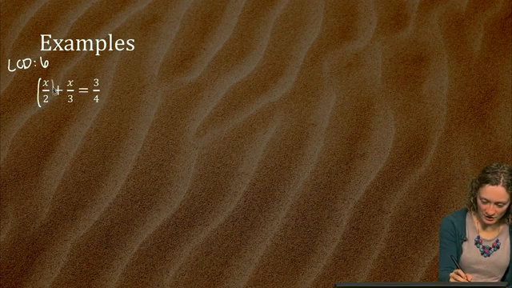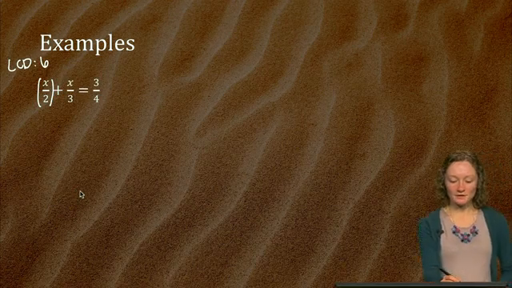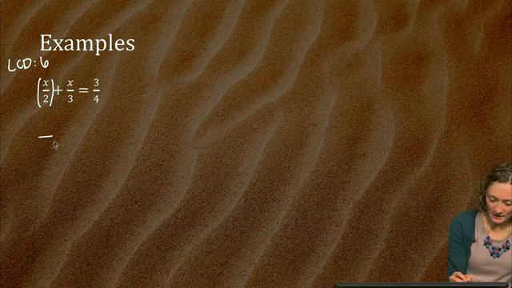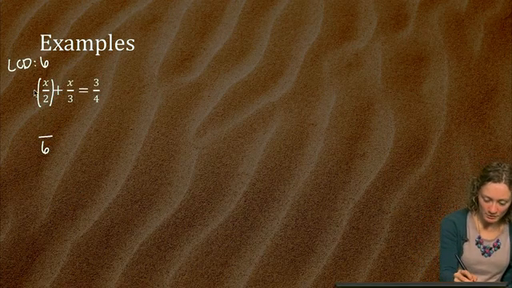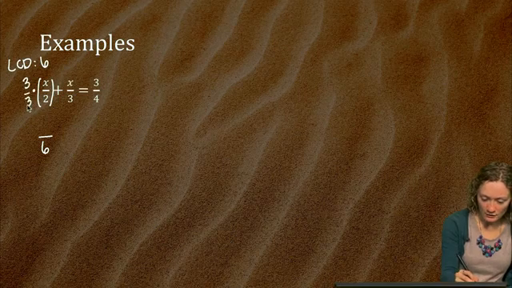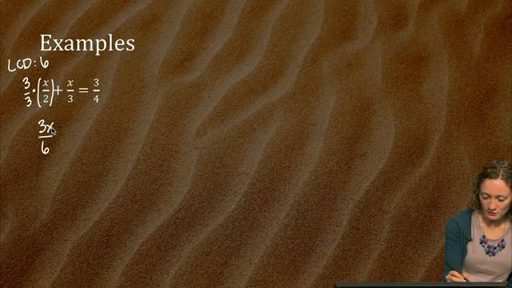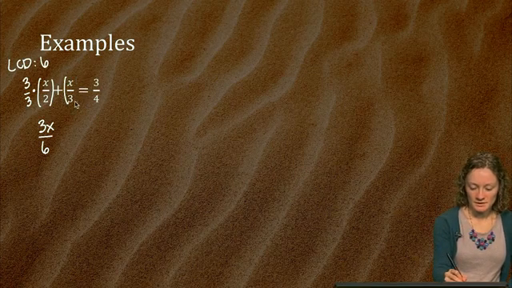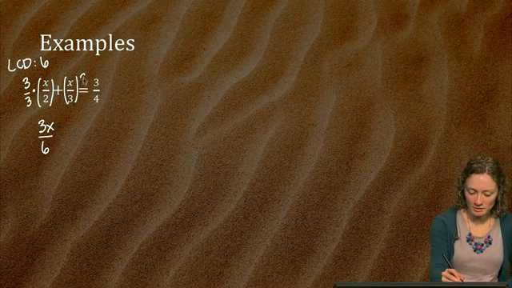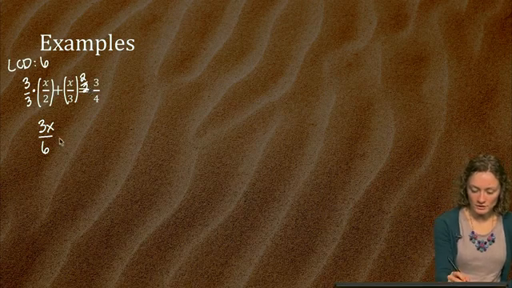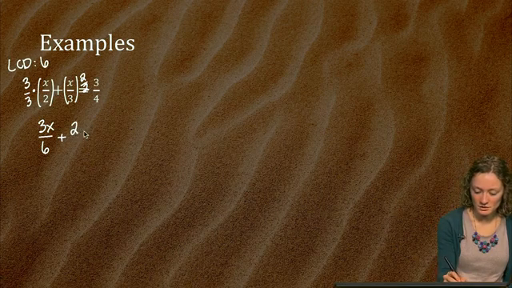So we will modify the first fraction. In order to get that denominator of 6, we need to multiply by 3 over 3, another form of 1, giving us 3x over 6. The second fraction gets multiplied by 2 over 2, which gives us 2x over 6.